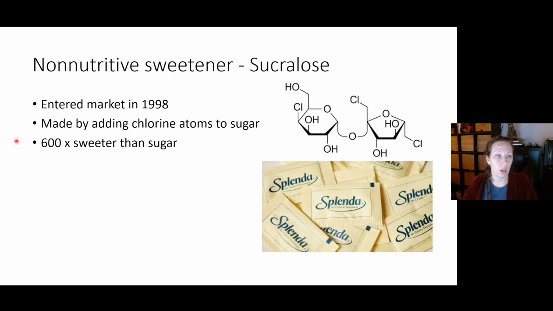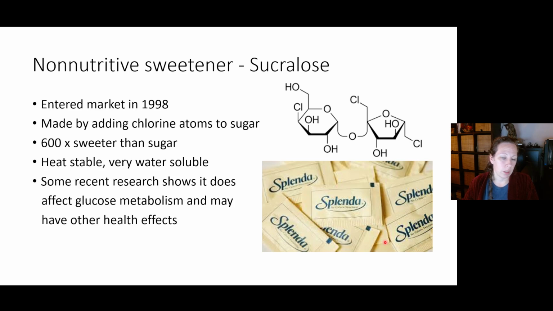Sucralose is 600 times sweeter than sugar. And it's heat stable, very water soluble. It acts a lot like sugar, and so that helps with its use as a sugar replacement.